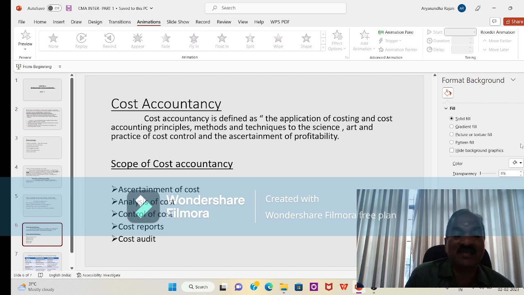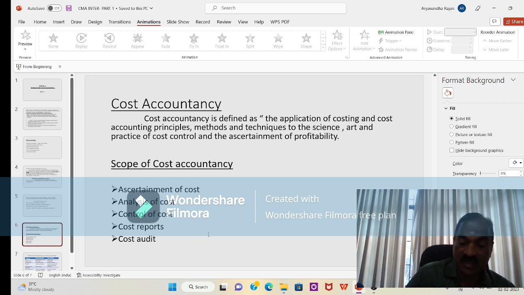Control of cost is one of the objectives of cost accountancy. Then generation of cost reports is another objective or scope. Then cost audit. If cost audit is specified for the type of organization, that is essential and will come under the scope. So the scope is ascertainment, analysis, control, cost reports, and cost audit.